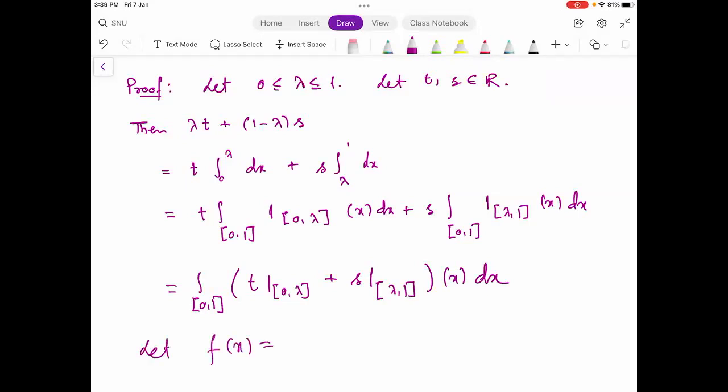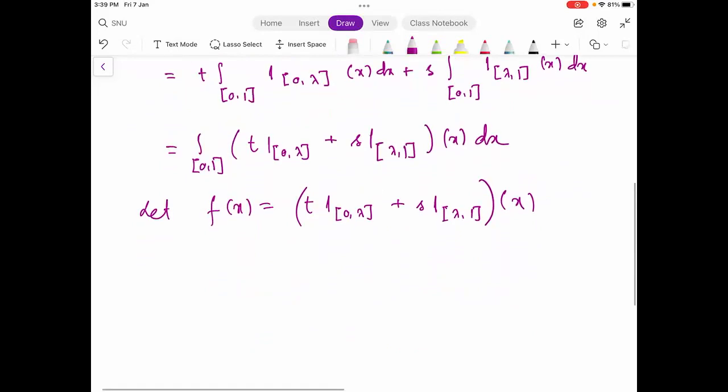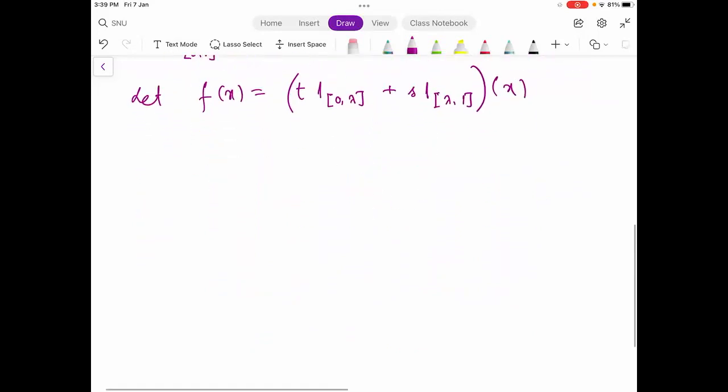Give this function a name. It is a bounded measurable function. Measurable because indicator functions are measurable, linear combinations of measurable functions are measurable, and of course bounded.